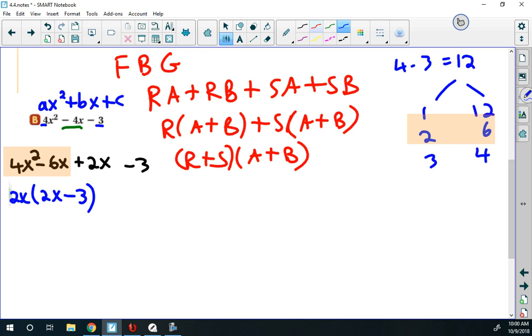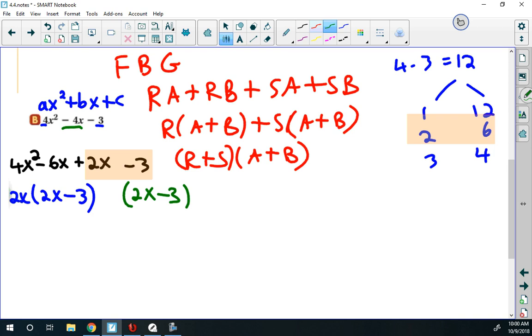Here's what I love about factoring by grouping. If you don't quite understand it, what you should know is the second binomial is going to be the exact same as the first binomial if factoring by grouping works. So this is kind of unusual. What do I have to factor out of 2x minus 3 to get 2x minus 3?